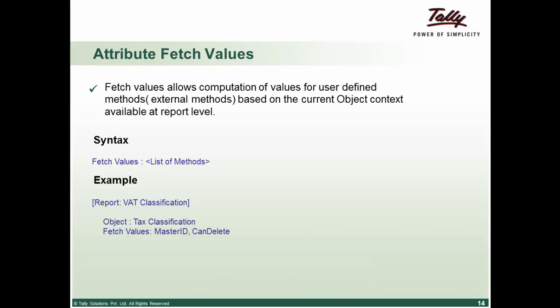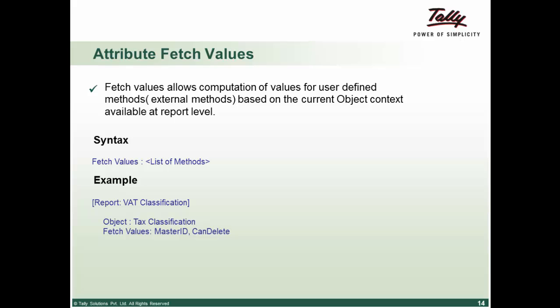The entire report object context can be different, and you need to fetch values of different objects. For a very simple example, in our voucher report, the report context of the object is the voucher. That's the base. However, there are other objects that you are calling there, like your ledger object to get the current balance. That is also a fetch object that we have written, so that you get the current balance of the ledger, the party you have selected.